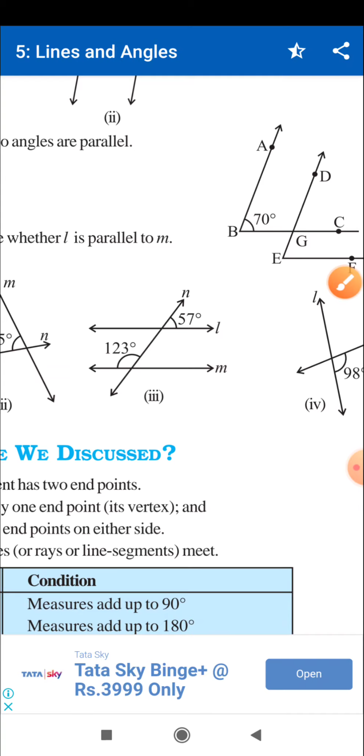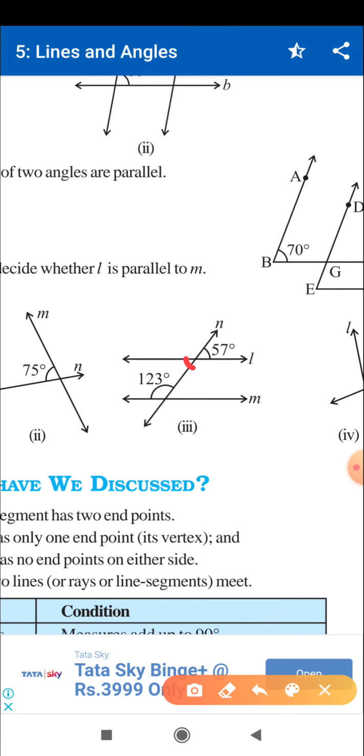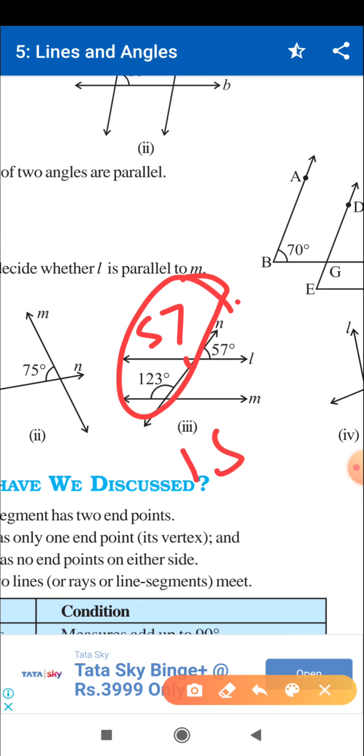In the third part, first we write this angle as 57 degrees, since they form a pair of vertically opposite angles. After that we sum the pair of co-interior angles, and their sum is equal to 180 degrees.